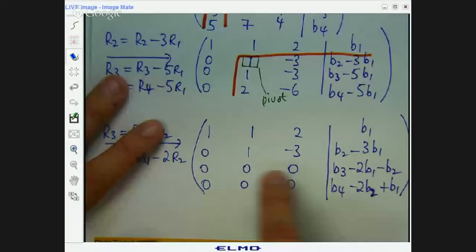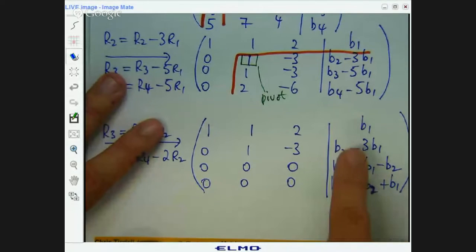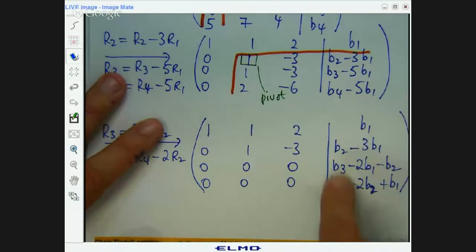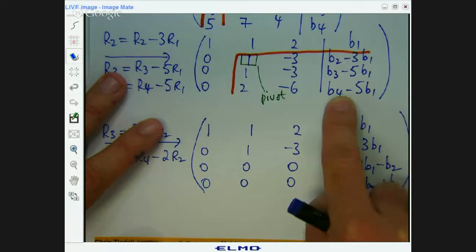Okay, so a little bit tedious, but now we can look at our row echelon form and see what the conditions are on B1, B2, etc., for this system to be consistent, for this system to have one or more than one solution. Okay, so let's have a look at the format of our row echelon form now. In other videos I've talked about the importance of this column being not leading.